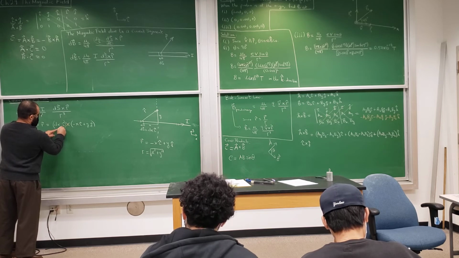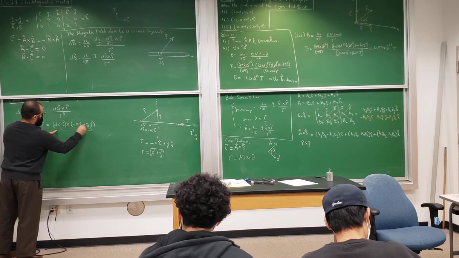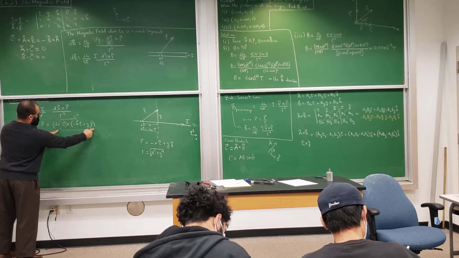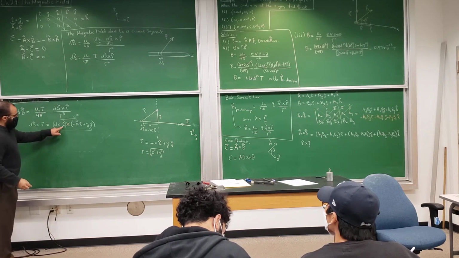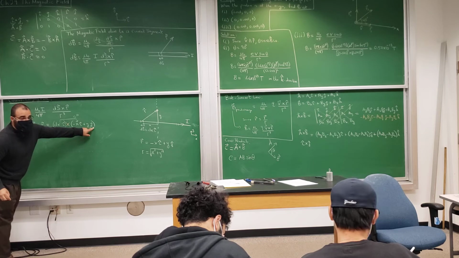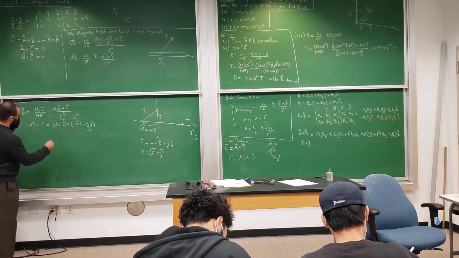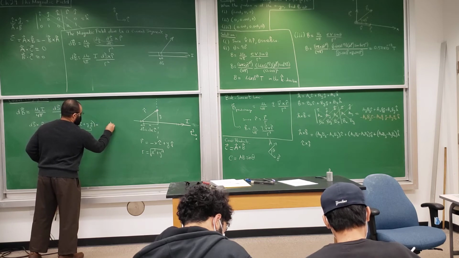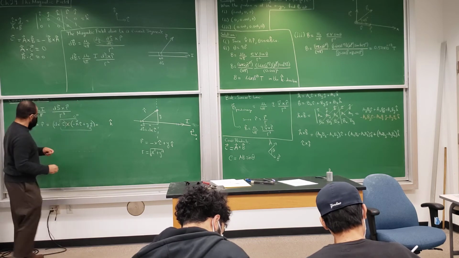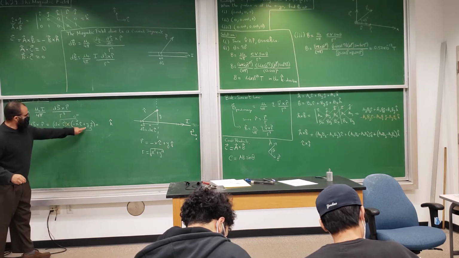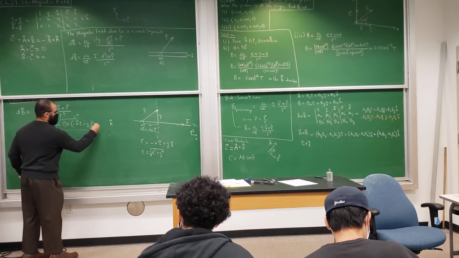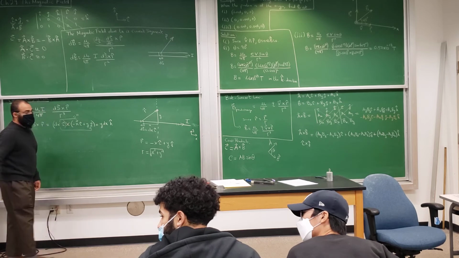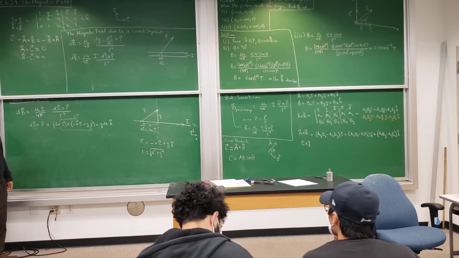What's this cross product? k. So i hat cross j hat is k hat, and then I have dx and y, so y dx.